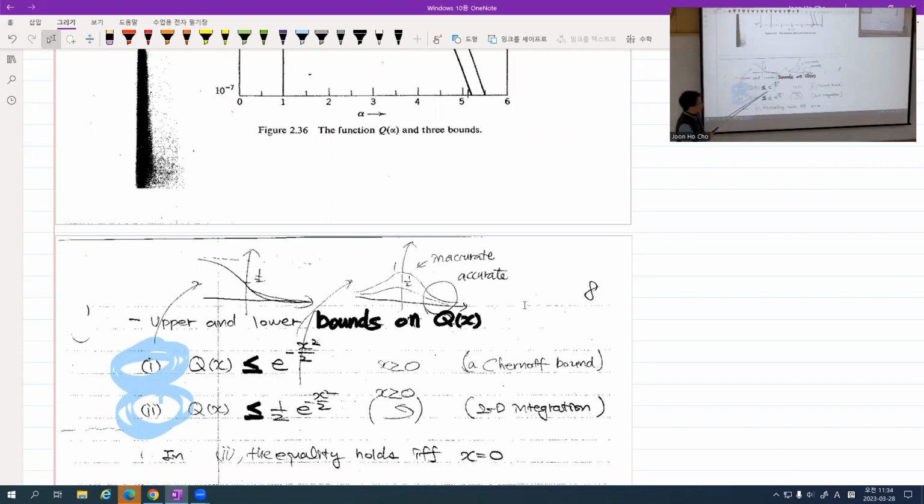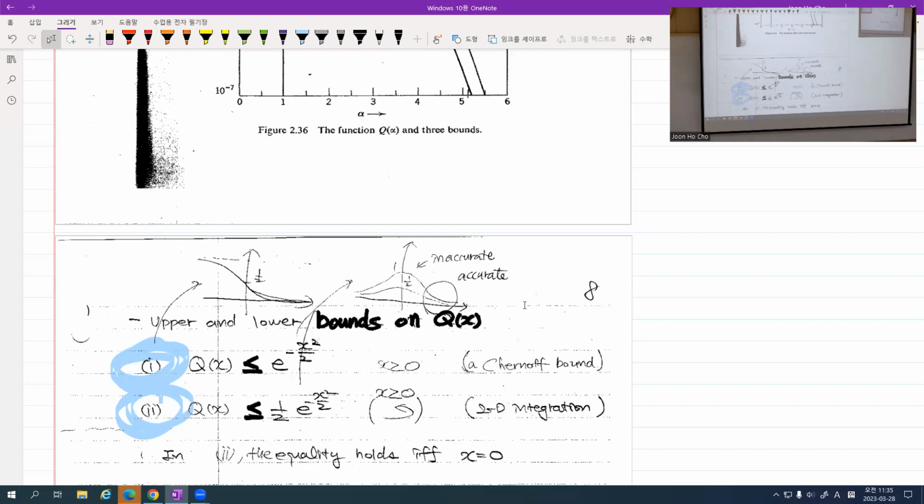And this is the Chernoff bound on the Q function when the argument is non-negative. This is not that difficult. Since I am assuming that you've taken undergraduate level probability and random processes, I expect you do this yourself. Okay, so derive this inequality by using the Chernoff bounding technique.